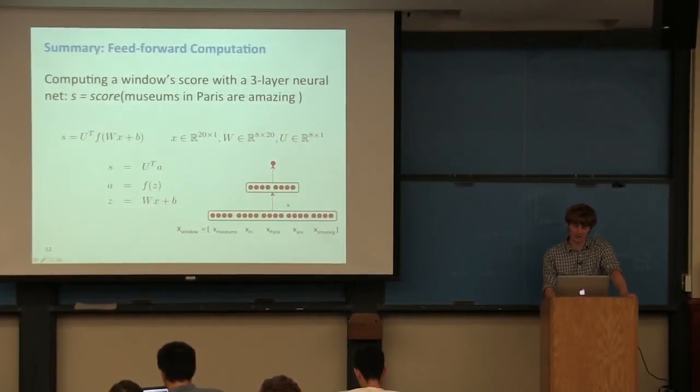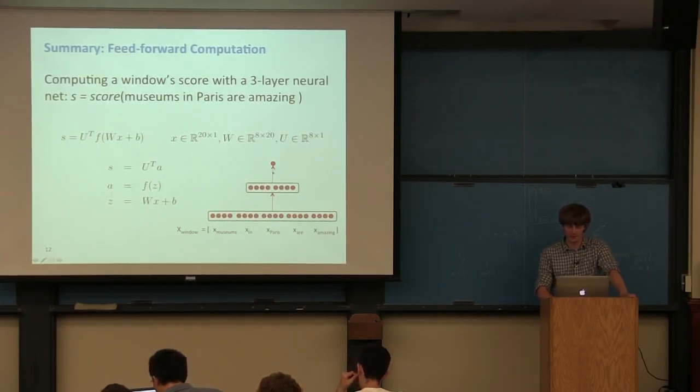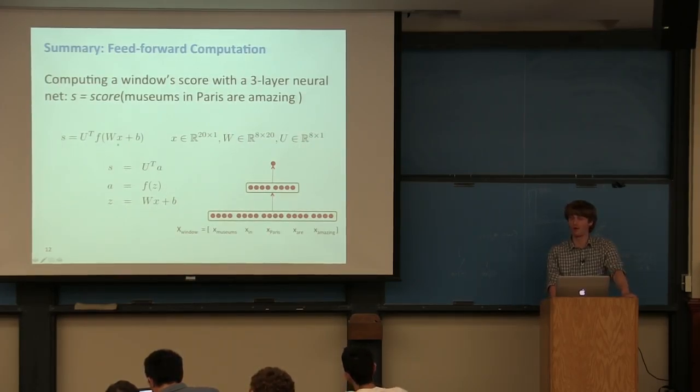We have 5 vectors, and we have 8 hidden units, so we'll have an 8 by 20 matrix W. This will define our first neural network hidden layer. And then U will just be a single vector. Again, we can define the entire neural network either through its steps here or in one single equation. And those kinds of equations will get more complex as we have more and more hidden layers.